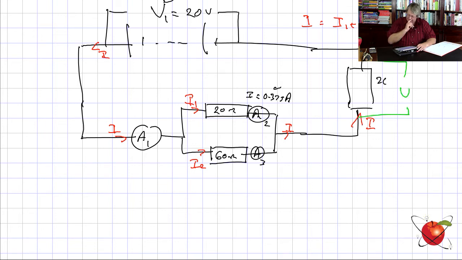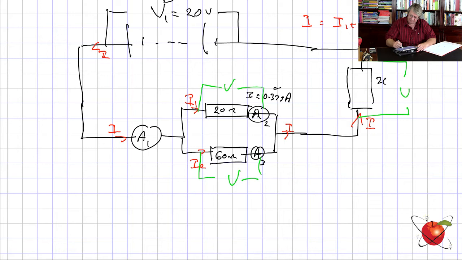Now I go back and I say, do I know the V, I, and R for each component? I'm just putting it in green. Let's look. What do I know about this one, about where I2 goes? No, I don't know I or V there. Here we go. Look at that.